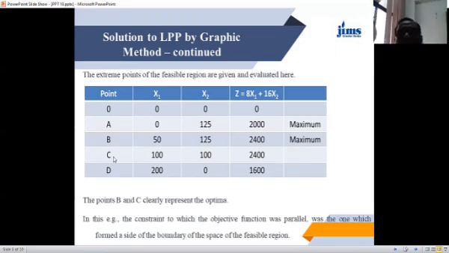So you see that for two sets of values, x1 is equal to 50, x2 is equal to 125, and x1 is equal to 100, x2 is equal to 100, you get the same maximum value, same optima, but you get different values of the variables. So here you have a choice. This is the beauty of the linear programming problem, that you can get alternative solutions also for the same maximum value.